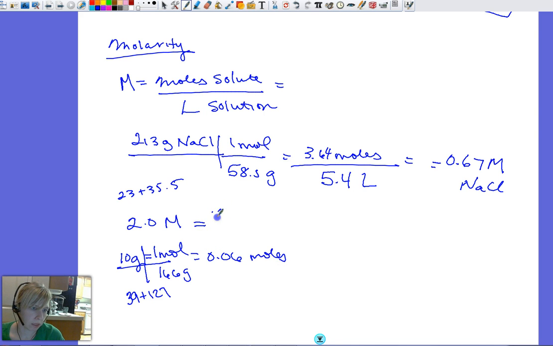So now we can put this in here, and we're going to look for the volume. So when we do this, we get 0.06 divided by 2, and that equals 0.03 liters.